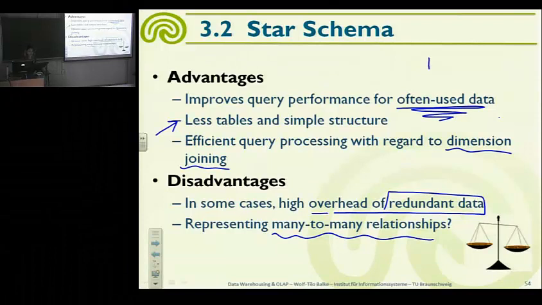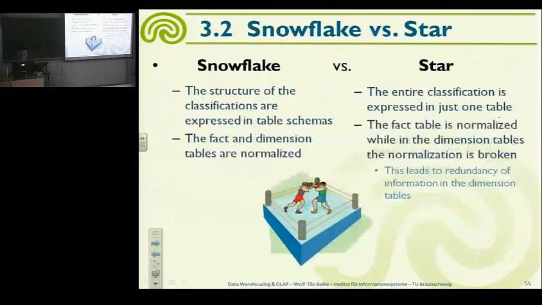So for the day, you would have March, and then the year. But for many-to-many relationships, in relational databases, a many-to-many relationship is basically represented with a table in the middle. But if you put everything in one table, how do you do that? That's a question with the star schema.